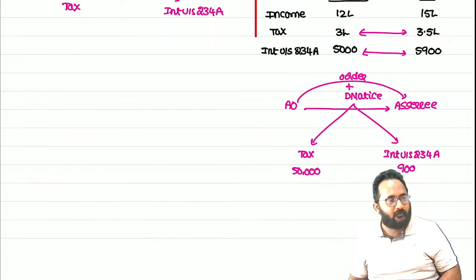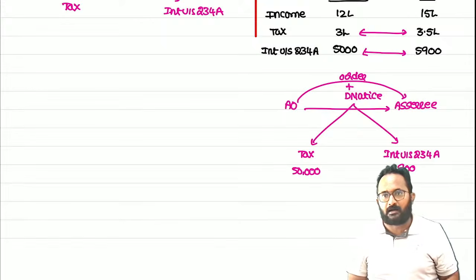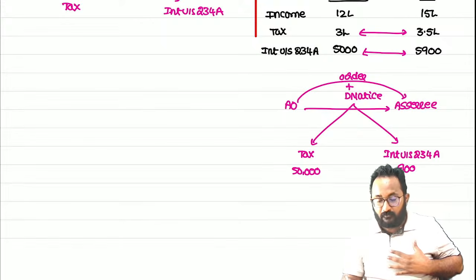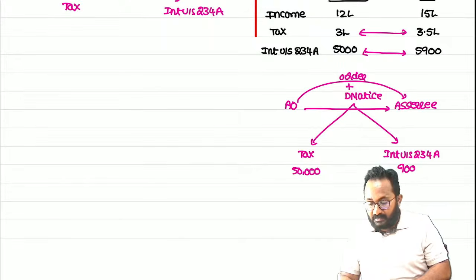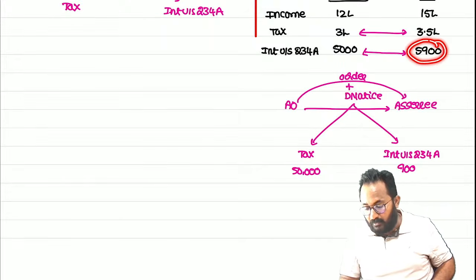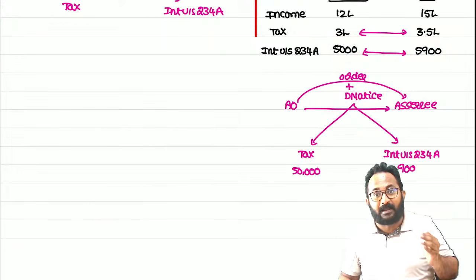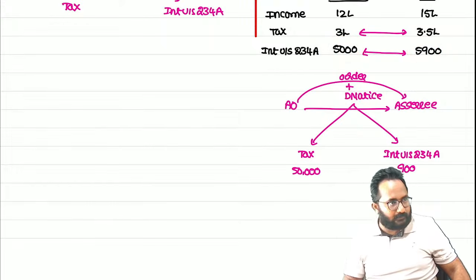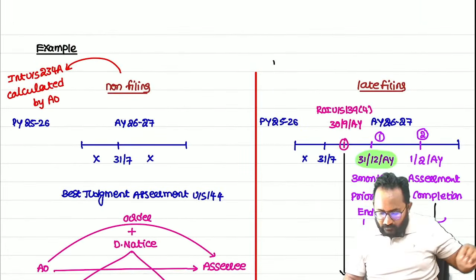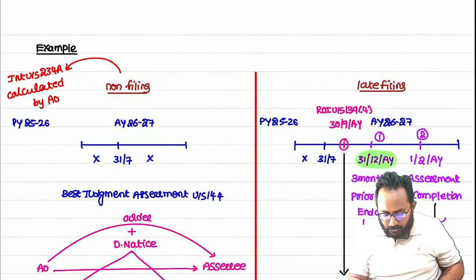5,900 minus 5,000, that is what? 900. Remember, whenever the AO computes the interest, that interest shall be reduced by whatever interest we paid at the time of self-assessment. Understood? Now in case of late filing, you have to remember two things.